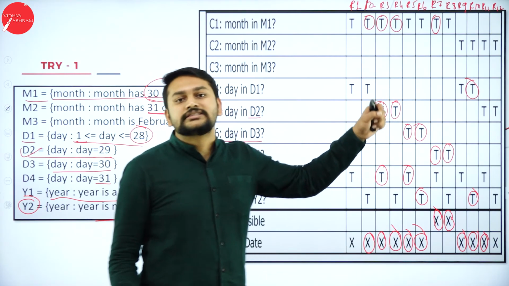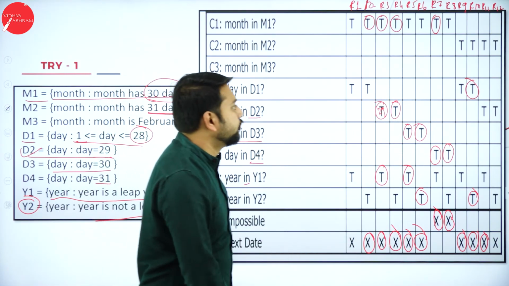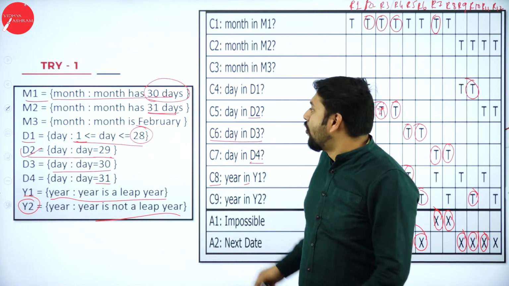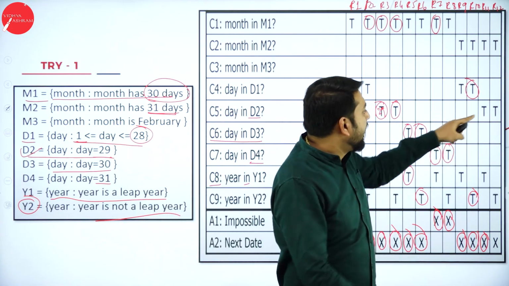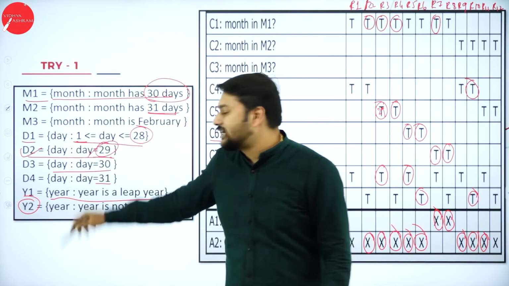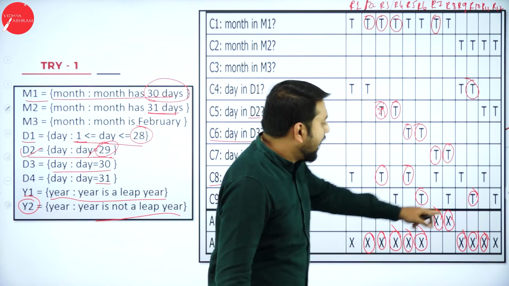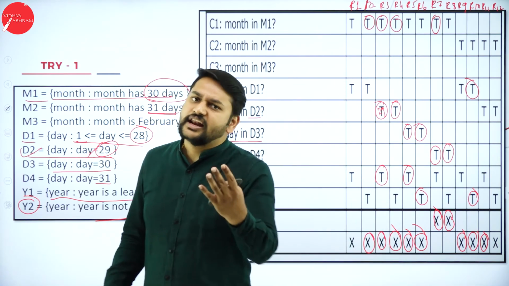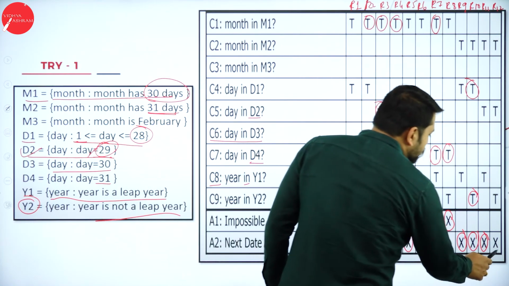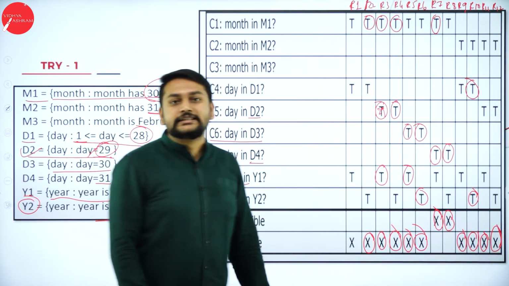The last entry, be careful and understand. So I have taken M2. So guys, what is M2? 31 days. And I have taken D2. So what is D2? Please understand, it is 29 days. And I've taken it's not a leap year. Can I calculate the next date with this condition? Yes, of course, you can calculate the next date.